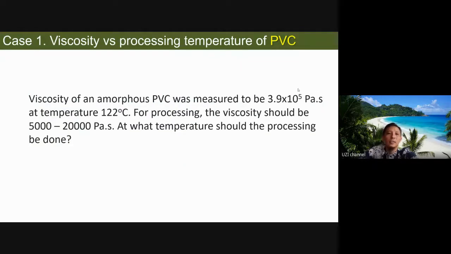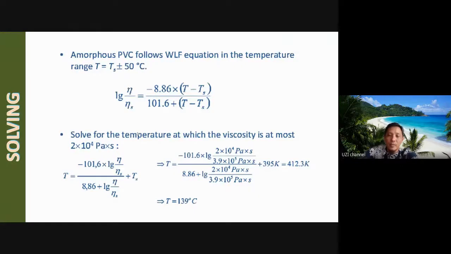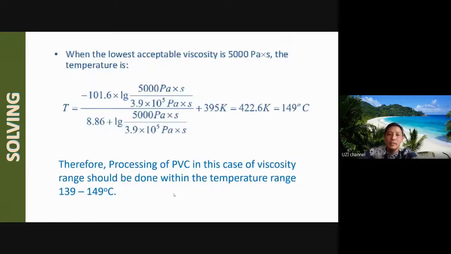This is the viscosity of the polymer as measured. But the problem is, if the viscosity is in the range like this, what is the temperature? This is T1. You can get that, and with the lowest acceptable viscosity, for example 5,000, the temperature will be calculated.